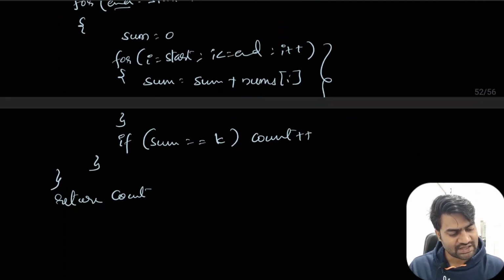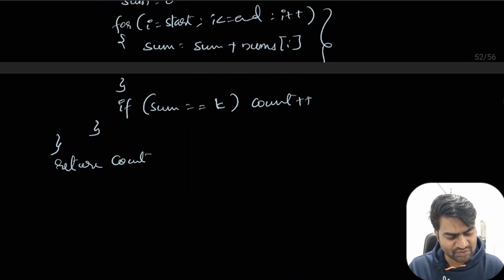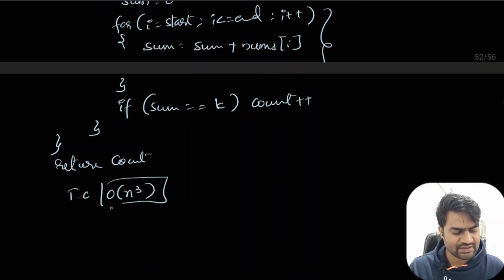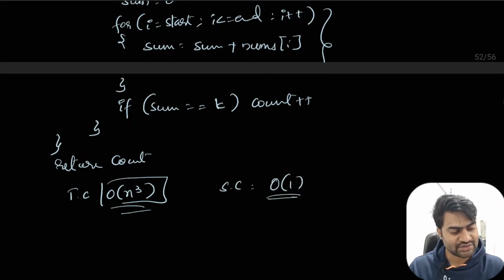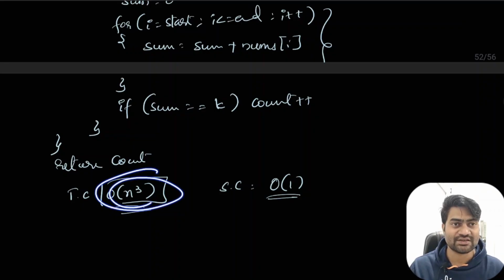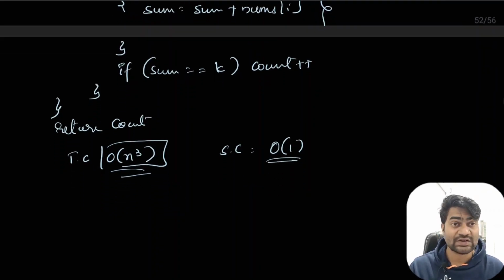So our time complexity for this brute force solution will be of order n cube, and space complexity will be of order 1, since we are not using anything extra. So this is of concern for us now again. So the interviewer will not be happy with this O of n cube solution, so he wants us to improve this.